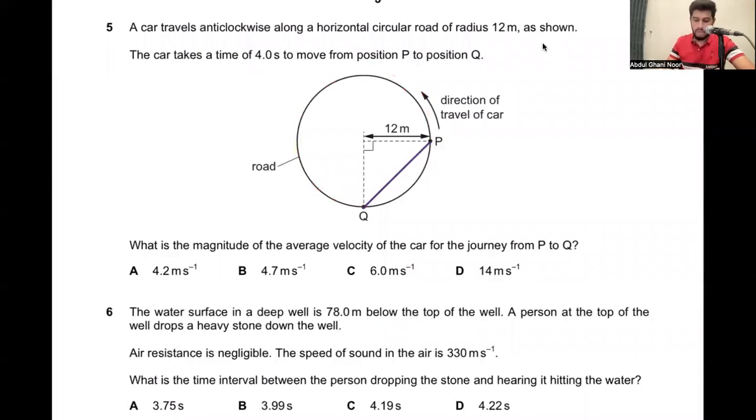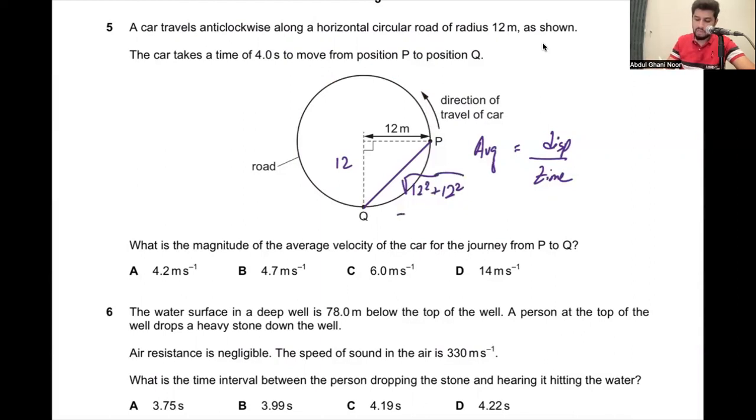For us to find out average velocity, it is displacement upon time. So starting from P, ending at Q, irrespective of the path, this is the displacement. And how do I find this out? This is under root 12 squared plus 12 squared, Pythagoras' theorem.